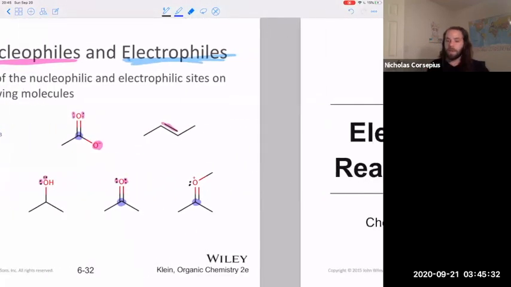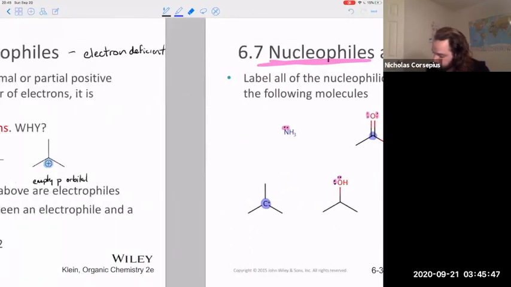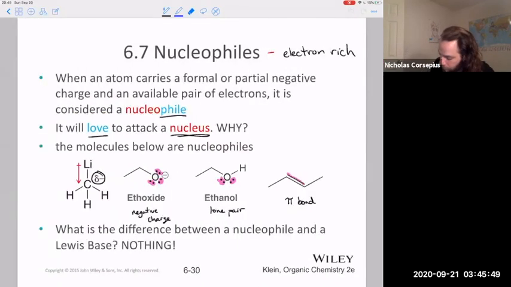All right, so you want to be able to spot nucleophiles and electrophiles. That's going to be step one here. How we go about using them in reactions and all that good stuff will be the subject for later, but make sure that you can actually spot nucleophiles and electrophiles. Again, with nucleophiles, you're looking for either induction leaving a partial negative charge on that carbon, a lone pair, especially when it has a negative charge, or a pi bond.